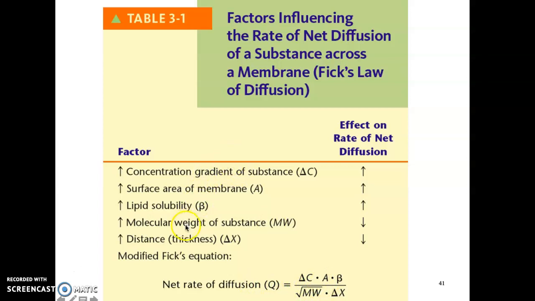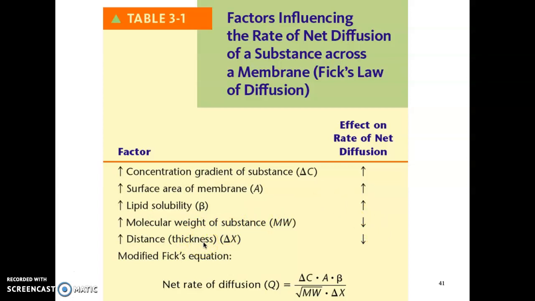The other two variables are going to be inversely related to the rate of diffusion. The higher the molecular weight of the substance, in other words, the bigger the substance, then the rate of diffusion is going to be lower. It's going to drop. And the distance that it has to travel.